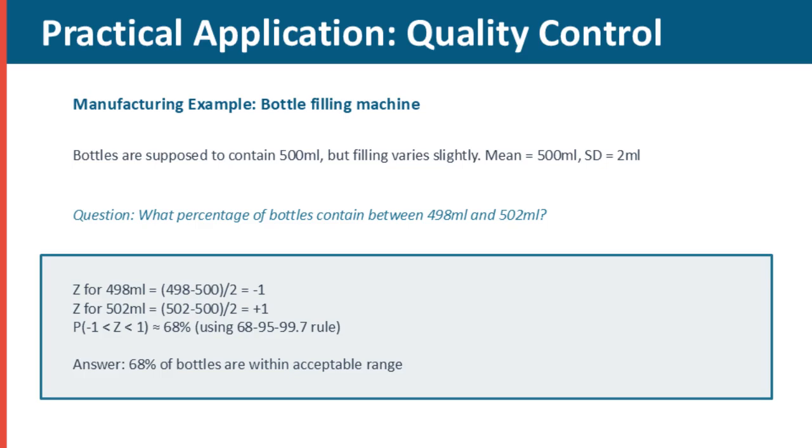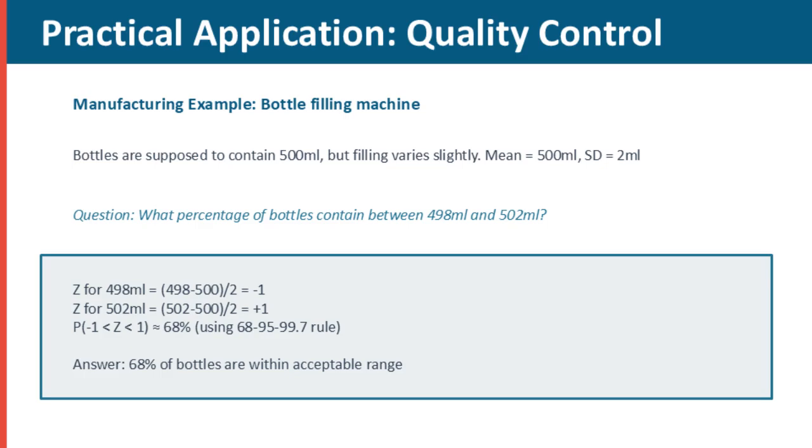Using the 68, 95 and 99.7% rule, 68% of the data falls between plus or minus 1 standard deviation, right? So 68% of the bottles will contain beverage between 498 ml and 502 ml. Conversely, 32% contain either less than 498 ml or more than 502 ml.